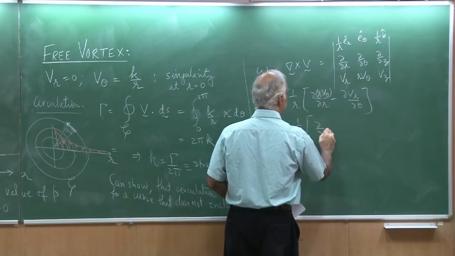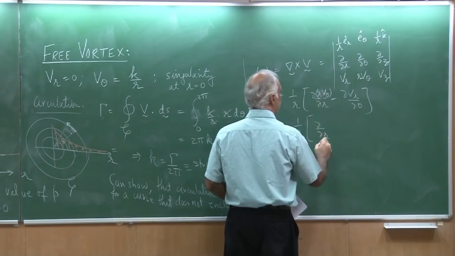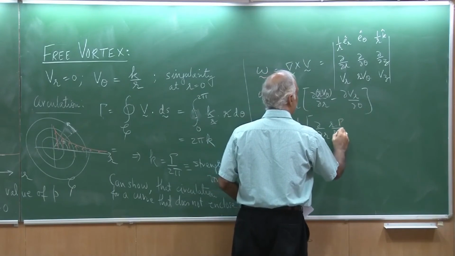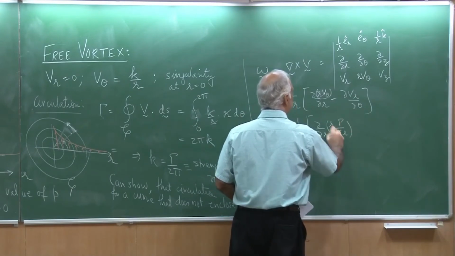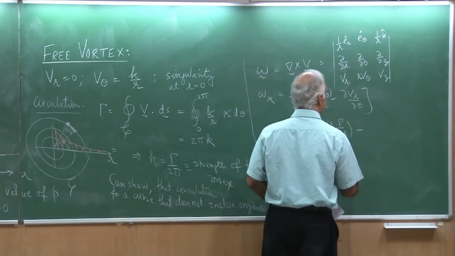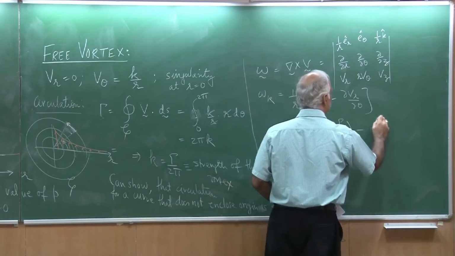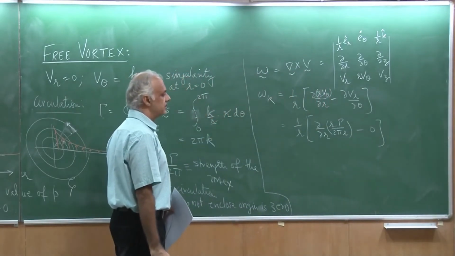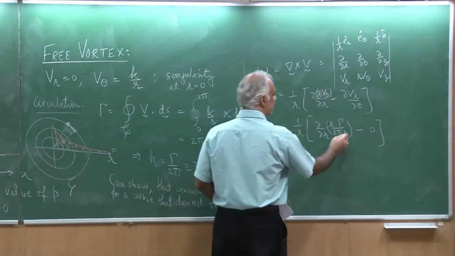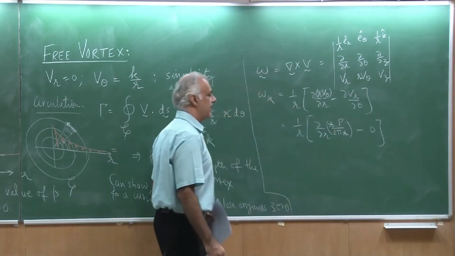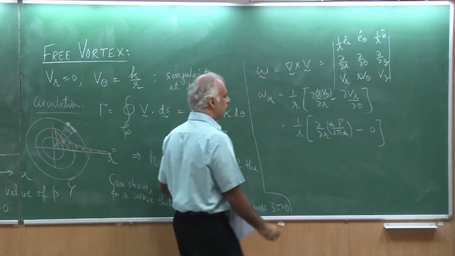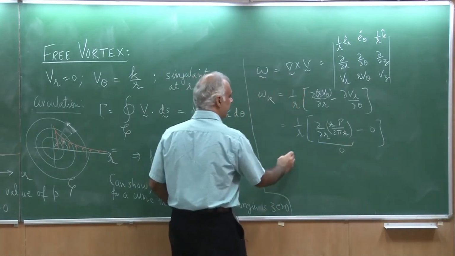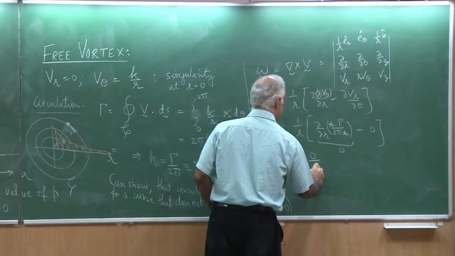So this is del by del r of r times V theta, which is gamma by 2 pi, minus the radial speed, which is 0. So these cancel out, and this quantity of course is now 0. So you actually get 0 by r.